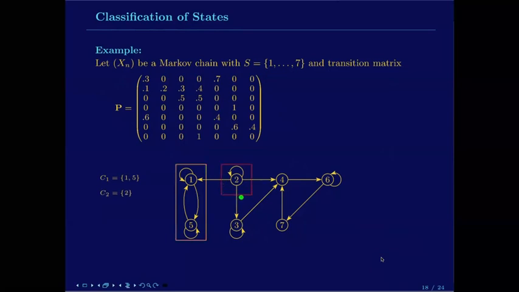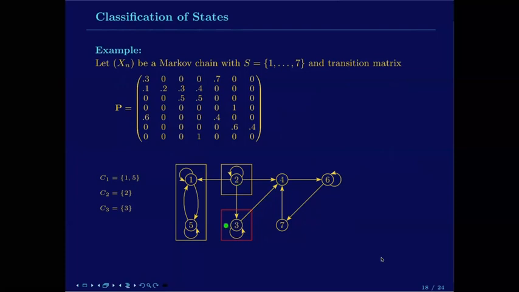Next, 2 is a class in itself, because there are only outgoing arrows, but no incoming arrow. So we can only leave the state and never come back. Same for 3: we have 1 incoming edge and 1 outgoing edge, but there's no way back from 4 to 2.